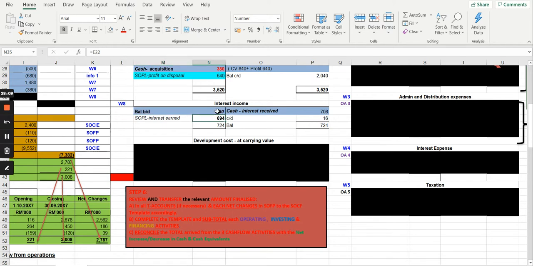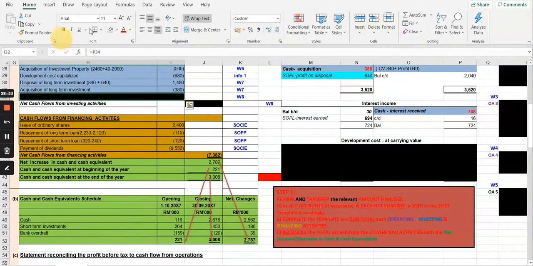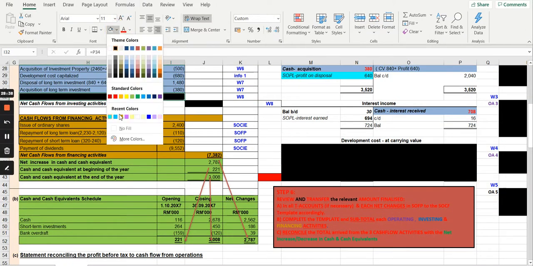Where do you get this? In the statement of profit or loss. And lastly, you get your item, cash interest received. So not dividend, it is an interest income received of 708. So that figure will be included here.